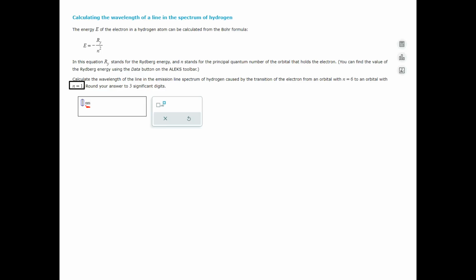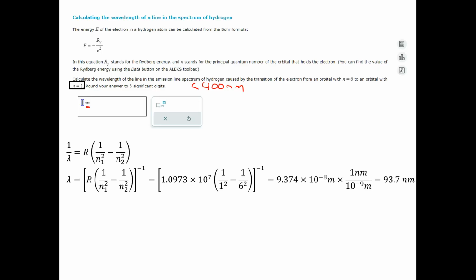Thinking back to what we learned from the Rydberg equation, we know that this emission is going to be in the UV. So the wavelength needs to be less than 400 nanometers when we get to the end of all of this.